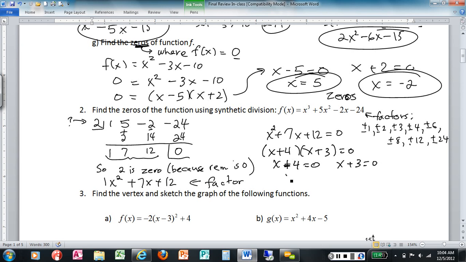Yeah, so I get negative 4. Those are my other two zeros, and negative 3. So I've got 2, negative 4, and negative 3. Those are my zeros, which notice those are all on the list there. Yeah, should be on the list, and they are. Okay? So we did those that way.